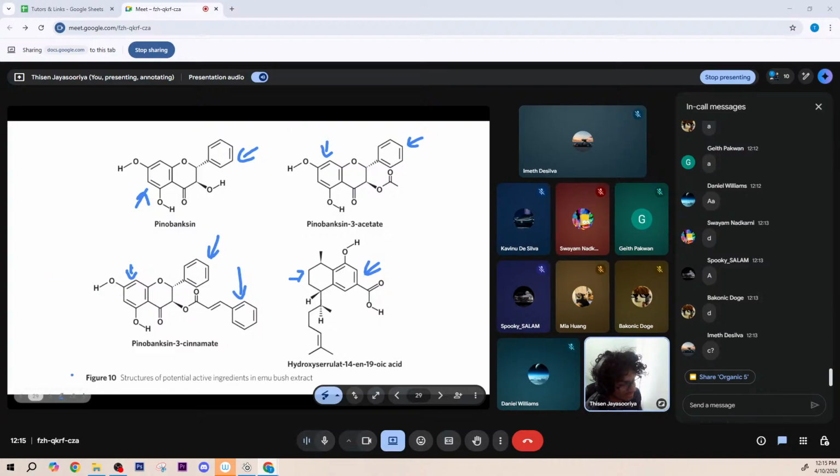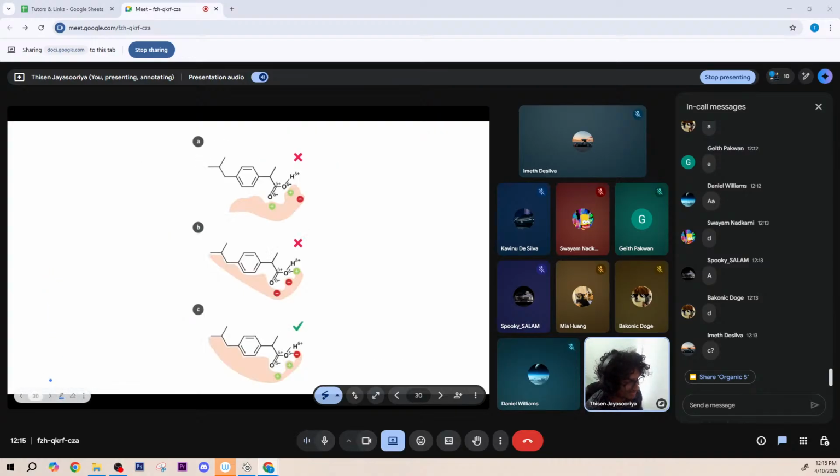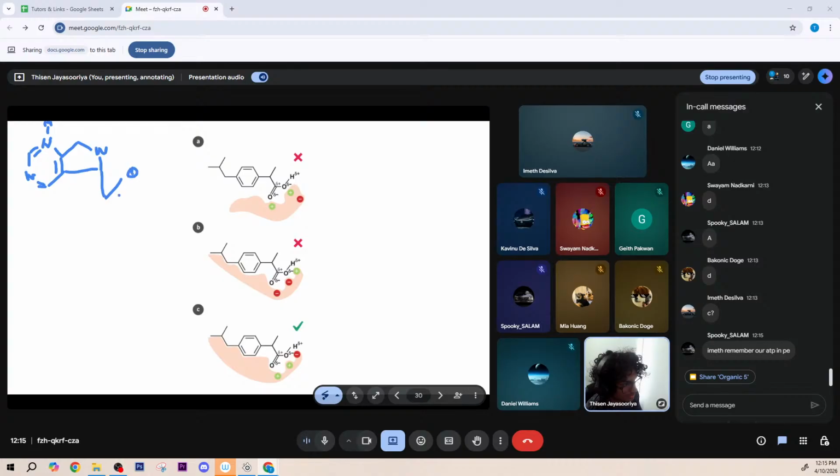If any of you know the structure of ATP, it looks something like this. It starts off like this, double bond, and double bond, here, and then we have our oxygen. Here, we have our hydroxyl group.